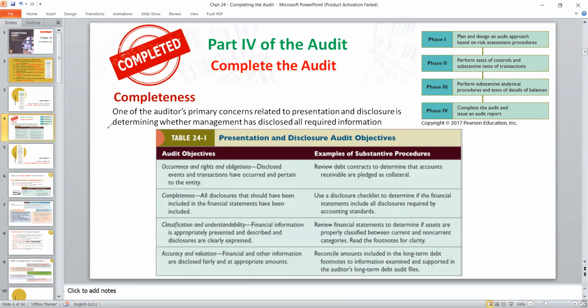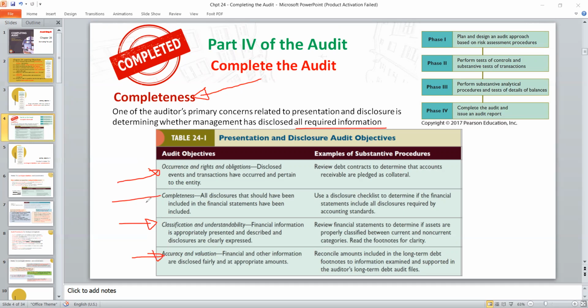As you can see, the most important one is completeness, because all of the information must be disclosed. Harus disajikan di laporan keuangan, disclose. And these are the other assertions: occurrence, rights and obligations, classification, understandability, accuracy, and valuation.